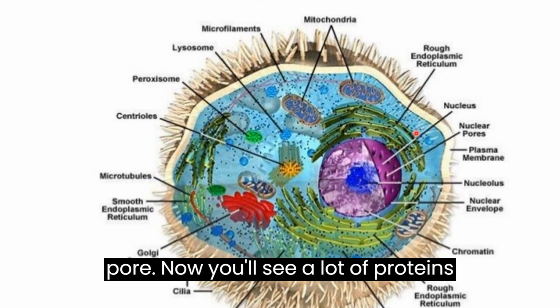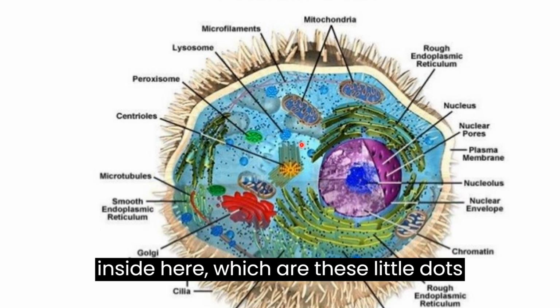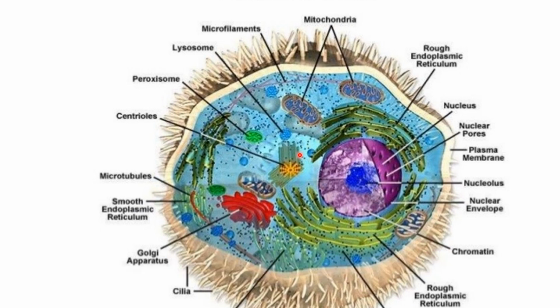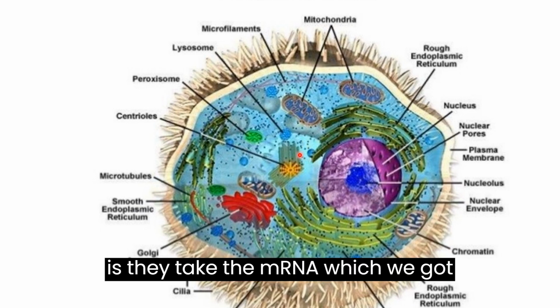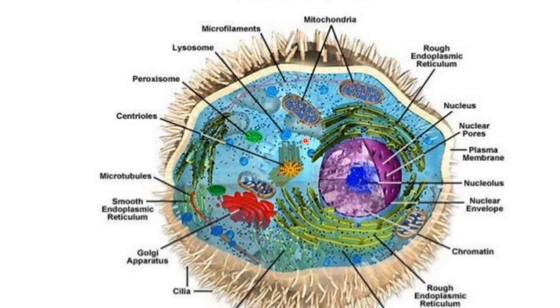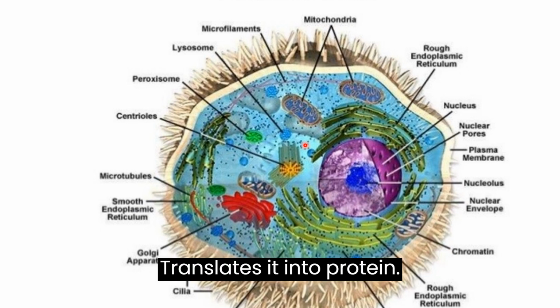nuclear pore. Now, you'll see a lot of proteins inside here, which are these little dots, which are called ribosomes. What ribosomes do is they take the mRNA, which we got from copying the DNA into mRNA, and it translates it into protein.